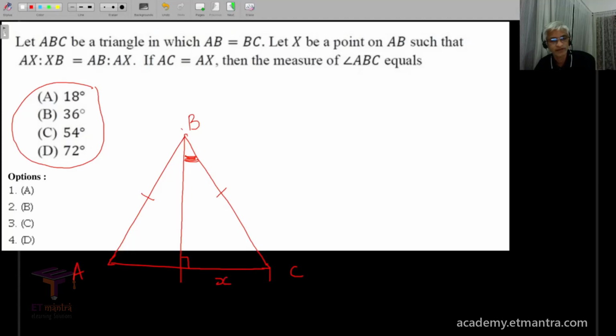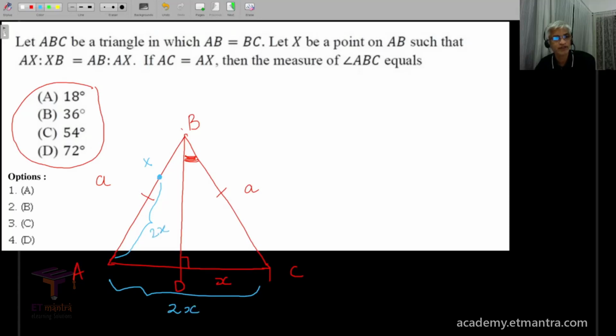So let's call this x, and the two equal sides a. Now there's some algebraic information that is given, that there is a point X such that this distance AX is equal to AC, which is 2x, and that means that AX is 2x.